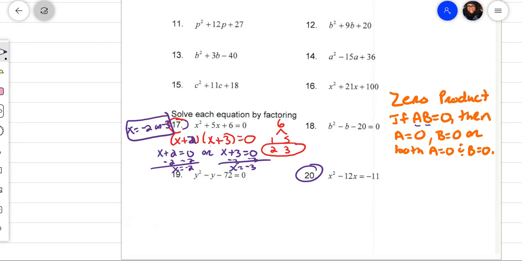In order to solve any of these quadratics, we want to make sure they're in standard form, that's ax squared plus bx plus c equals 0. So we want to move this -11. We do that by adding 11. Why do we add 11? Because -11 plus 11 is 0. So we have our 0 over here. And then on the other side, we have our x squared minus 12x plus 11.